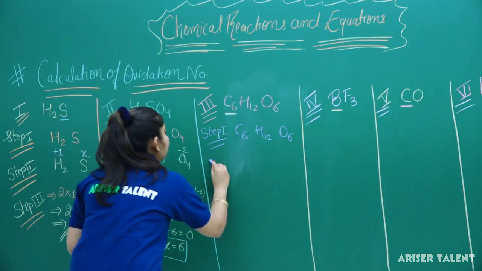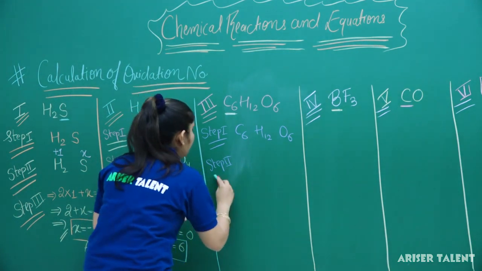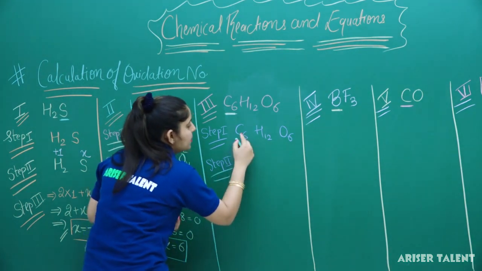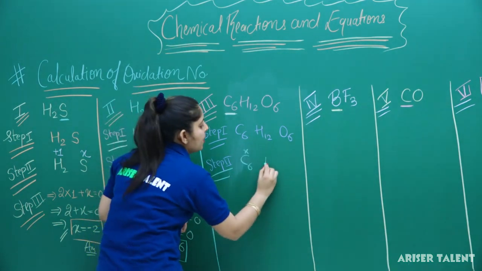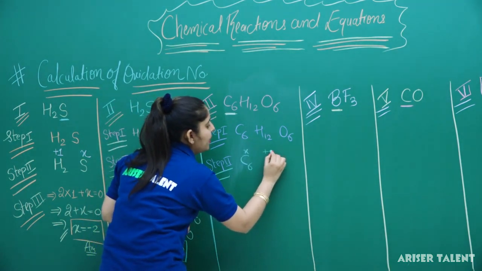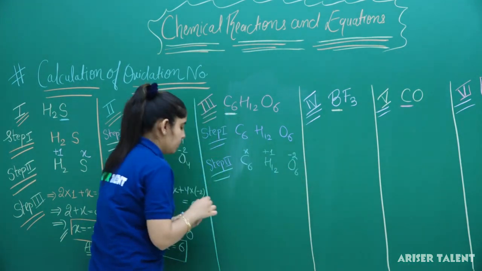Now in our step number 2, C6, I will assume it X, H12, we are provided with +1, and O6, that is equal to -2.